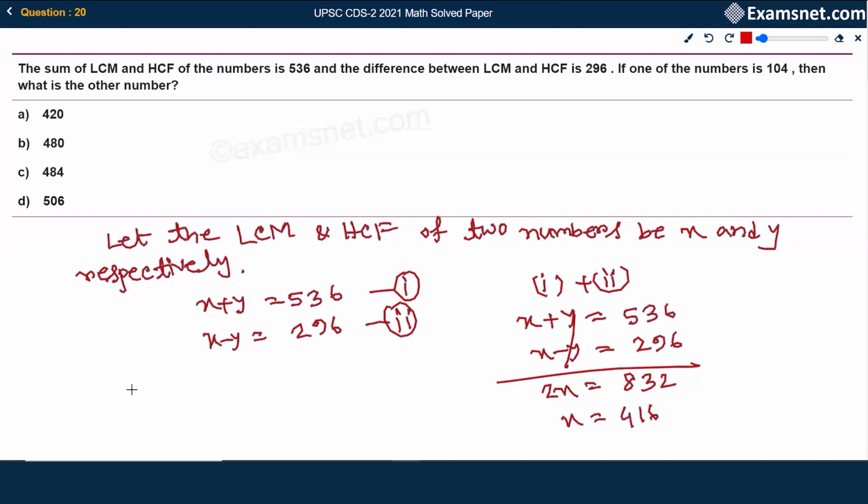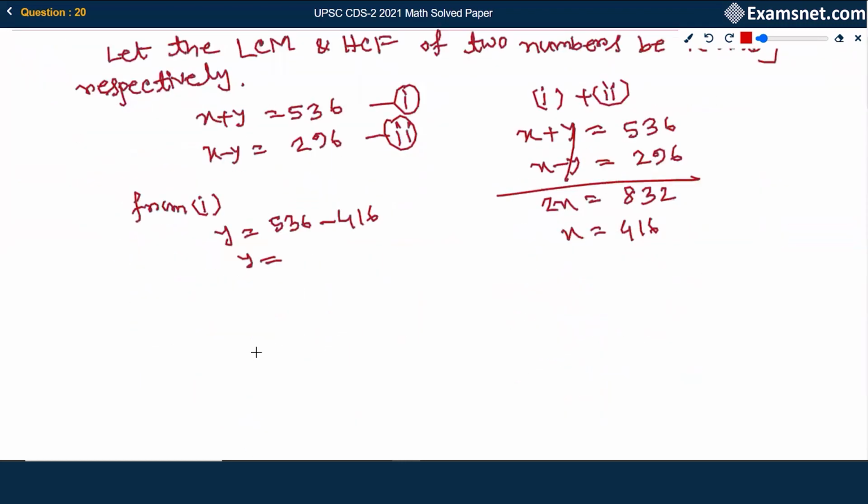Now from equation 1, we can say y equals 536 minus 416. That means y equals 120. So therefore it implies that LCM is 416 and HCF is 120.